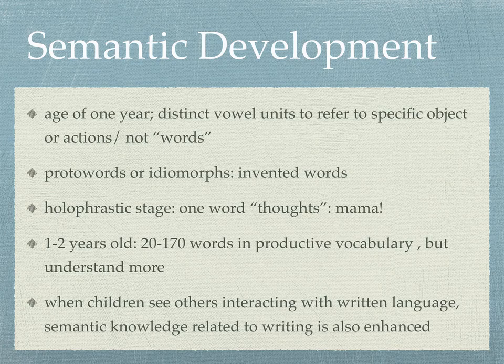And you just learn those sounds and the objects or the meaning behind them as parents and as teachers. Evidence that children can create their own language is shown in these invented words, these proto words, or idiomorphs.